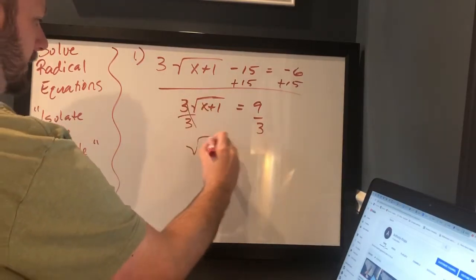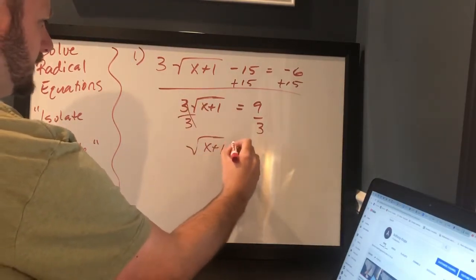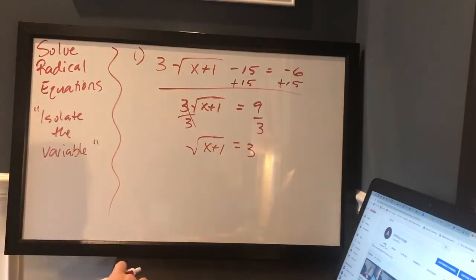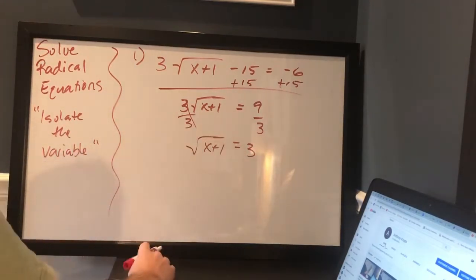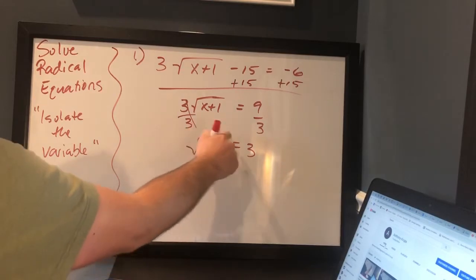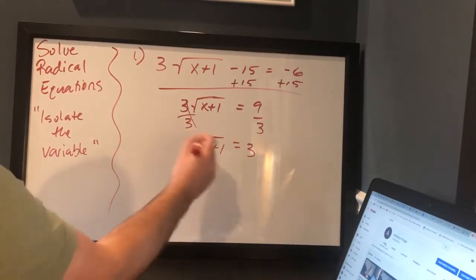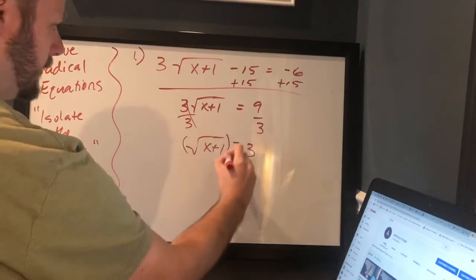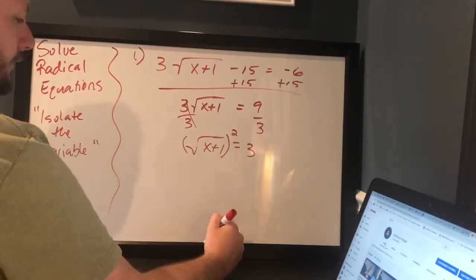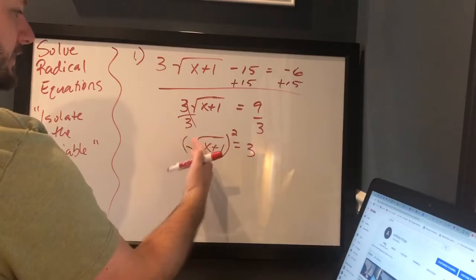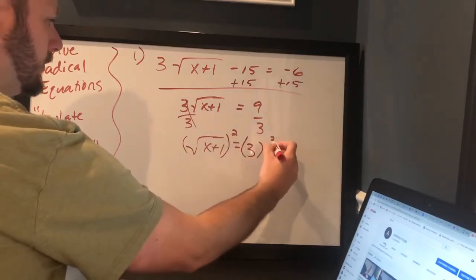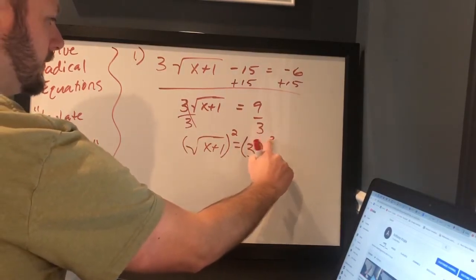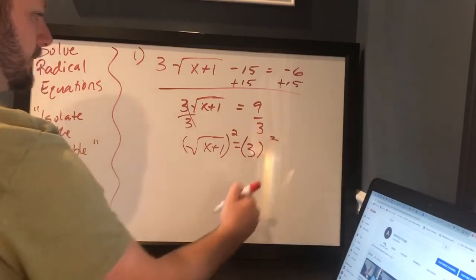In this case, we're left with the square root of x plus 1 equals 3. When you get a square root symbol like this, remember, the inverse of the square root is squaring. So in order to get rid of this sign, you have to square this side. And if you remember, for equations, whatever you do to one side, you have to do to the other.